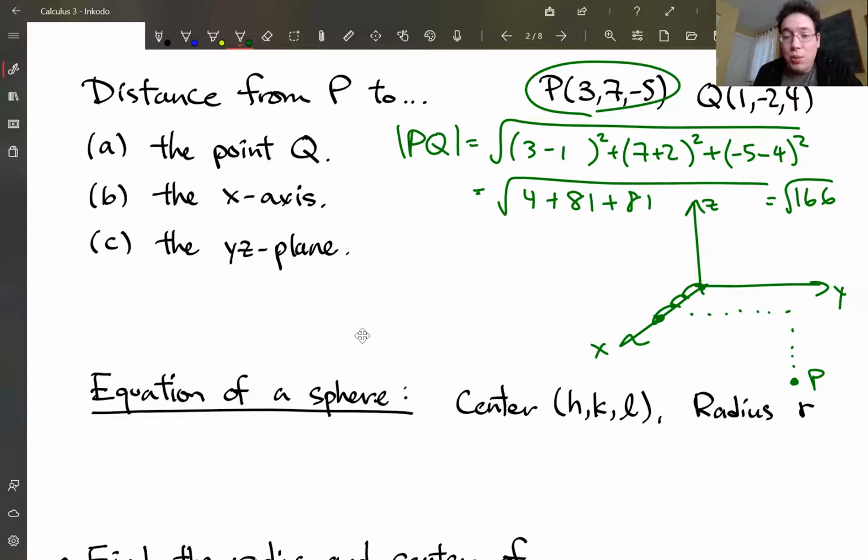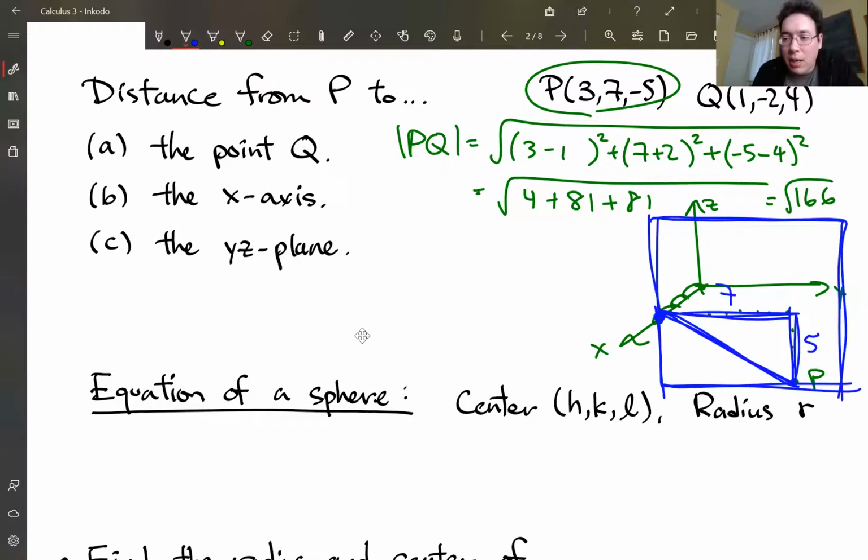But that's only 2 dimensions of movement. So if you kind of imagine everything that's happening is happening in this plane. So here's the point. Everything is happening on this 2-dimensional plane where you've traveled 7 units this way and 5 units this way. We could use that Pythagorean theorem again to get that distance right here.